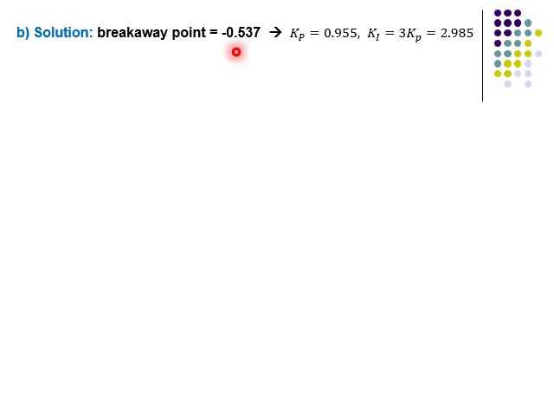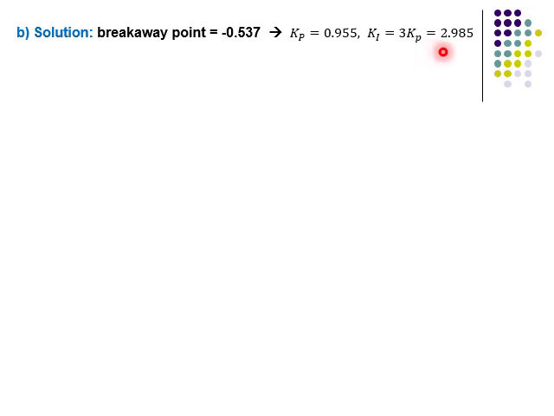And then if we substitute this value of s back into the characteristic equation, we can find the corresponding value of Kp, which is 0.955. Then remember that we've fixed the ratio Ki divided by Kp to 3, so we can find Ki by multiplying Kp times 3.